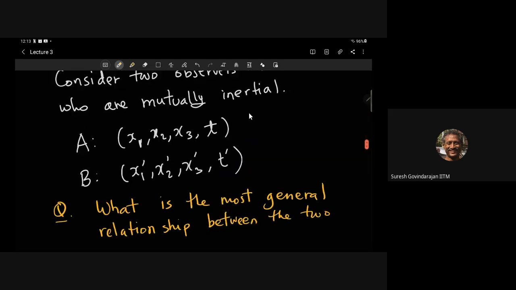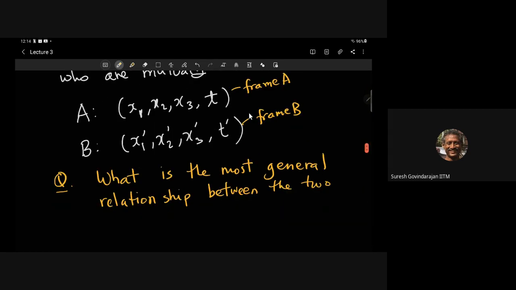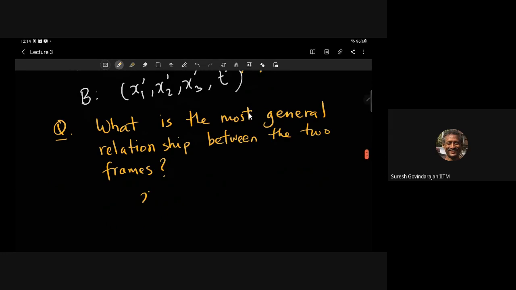We'll call this frame A, call this frame B. We are asking a very general question. So the idea is that we would like to write xi prime as a function of the x's, xi's, or let's just, I'll hide the index here. So we want to ask what is this most general function.